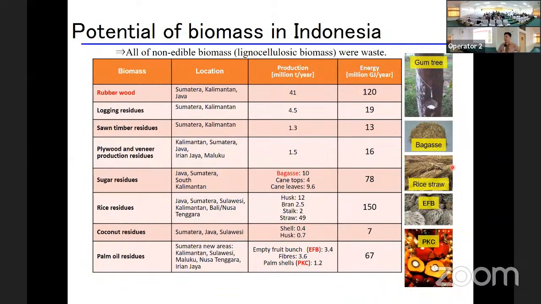Okay, next we show you the potential of Indonesia. I guess your country is very attractive from the point of view of biomass utilization, maybe one of the most attractive countries in the world, because as you can see here, there are many types of agro crops.